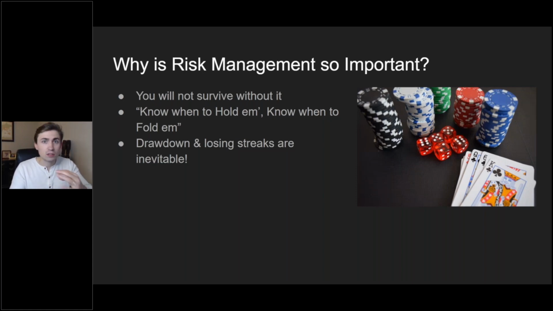There is a level of randomness, a level of chance, a level of possible outcomes. So the common phrase, know when to hold them and know when to fold them in poker, is similar to knowing when to hold on to a trade and knowing when to cut a trade when it's no longer showing any validity. And we can talk about that more as we get along.